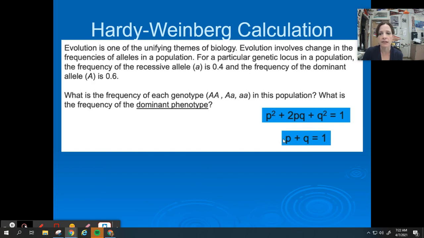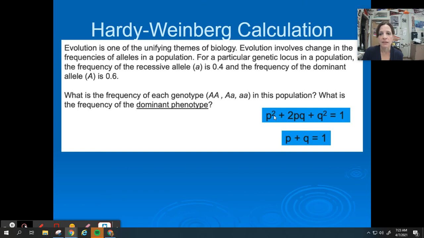So if you look down at this equation, right, p, which is 0.6, plus q, 0.4, should equal 1, and it does. So the question is, what's the frequency of each genotype in this population, and what is the frequency of the dominant phenotype? So in order to find frequency of genotypes and phenotypes, we're going to use this equation.